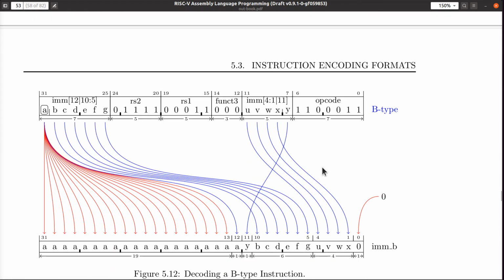Well, the 63 is this opcode and this Y bit right here. Well, we know Y has to be 0, because otherwise this value can't be 6, right? 0110 is 6, and 0111 is a 3. So the 63 says that shall be 0, followed by this stuff over here.